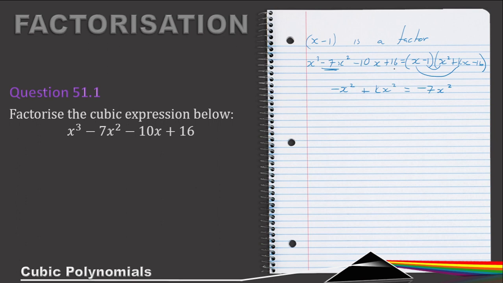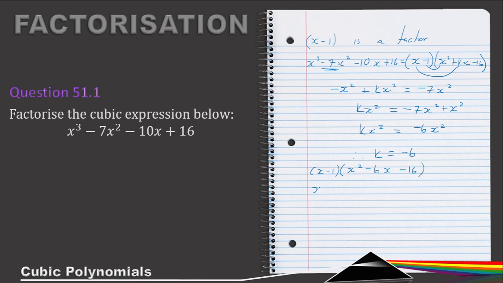Then this goes over, so kx squared equals minus 7x squared plus x squared, because this now becomes a plus. Then we have kx squared equals minus 6x squared, so therefore k will be equal to minus 6, and we put it back in, so we get x minus 1, and then x squared minus 6x minus 16.